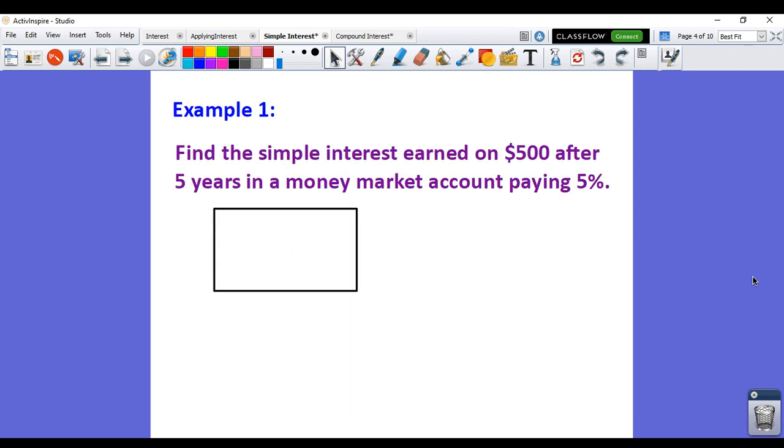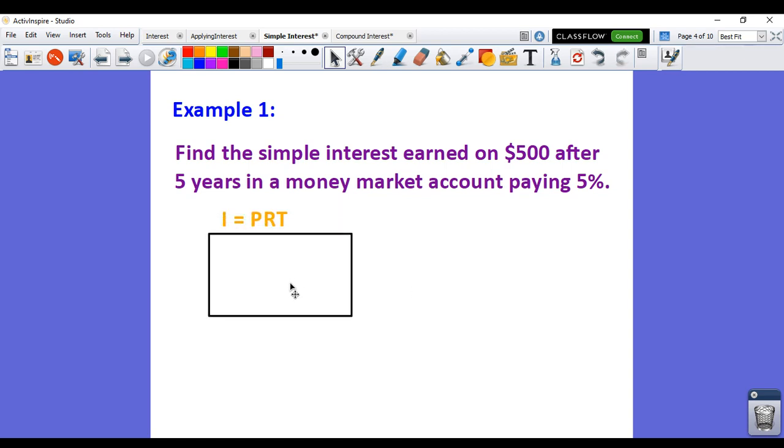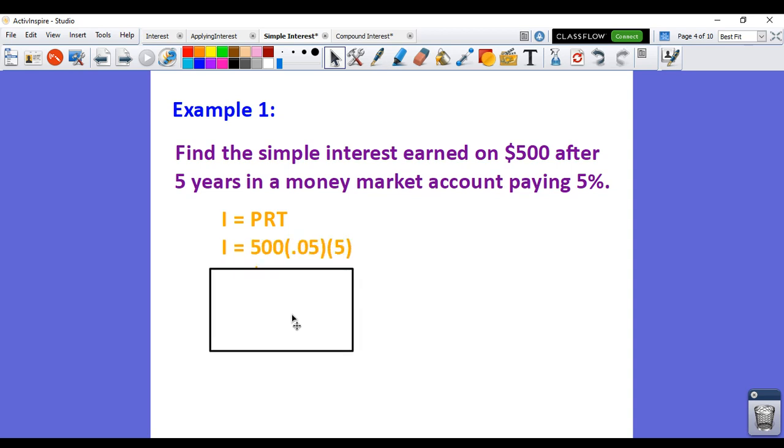For example number 1, find the simple interest earned on $500 after 5 years in a money market account paying 5%. A money market account is a type of savings account. You take your formula, interest equals the principal times the rate times time, and substitute.